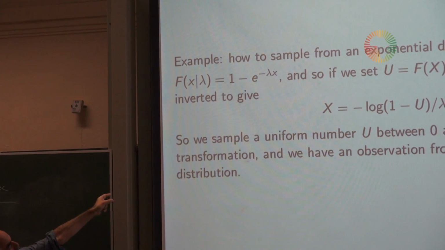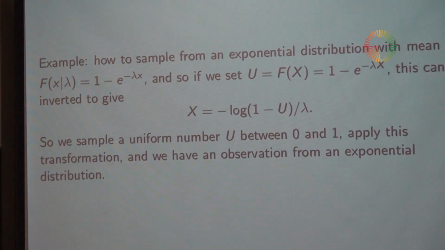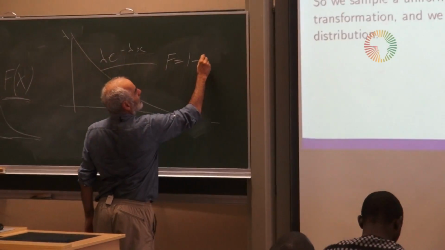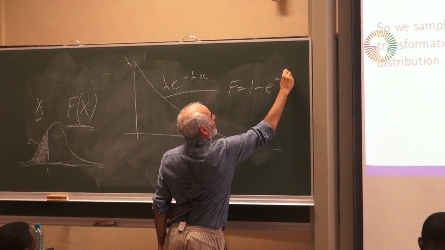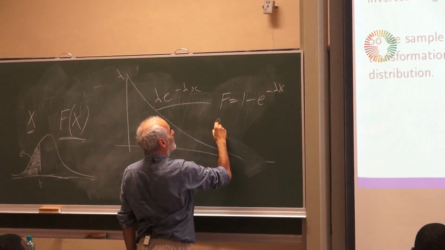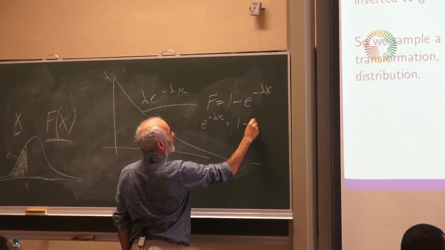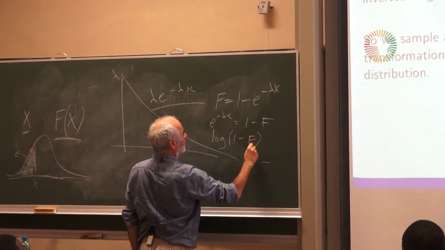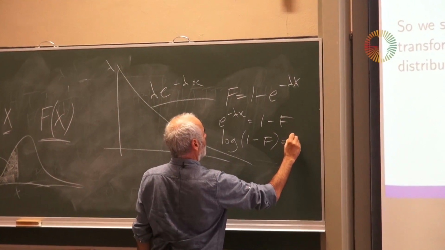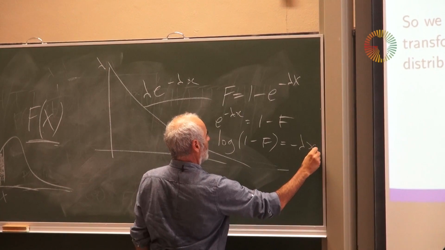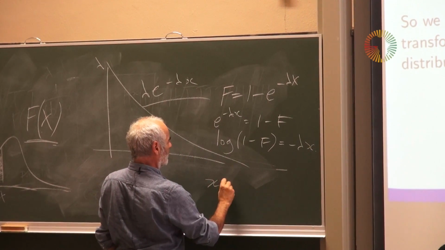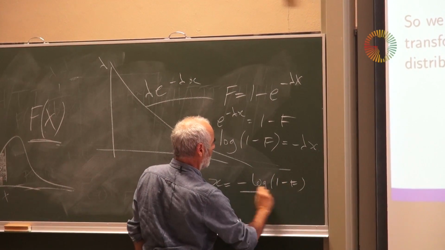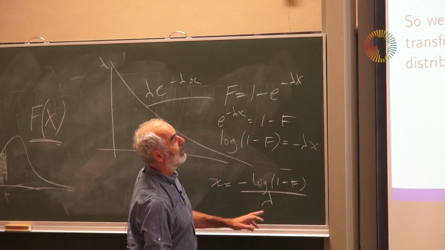I've got F equals 1 minus e to the minus lambda x. And so e to the minus lambda x is 1 minus F. So log of 1 minus F is minus lambda x. So x is minus log of 1 minus F, over lambda. Is that right?